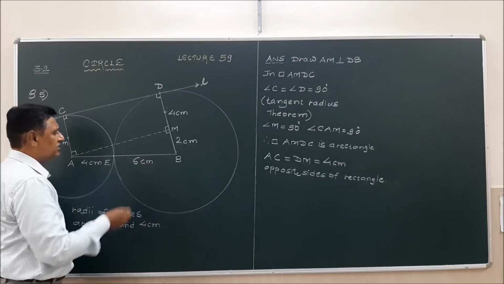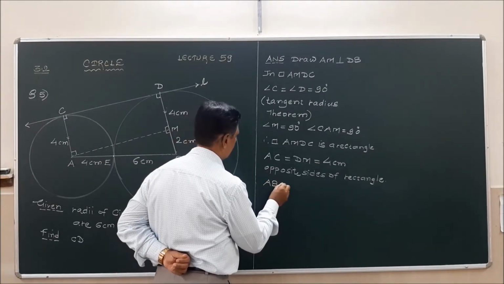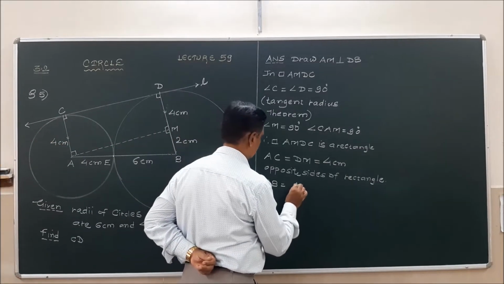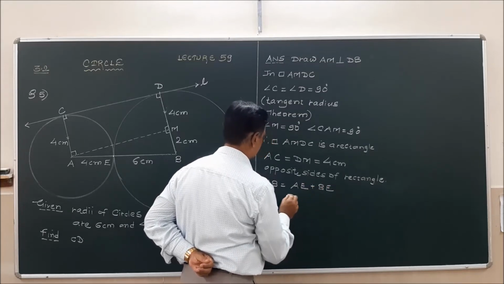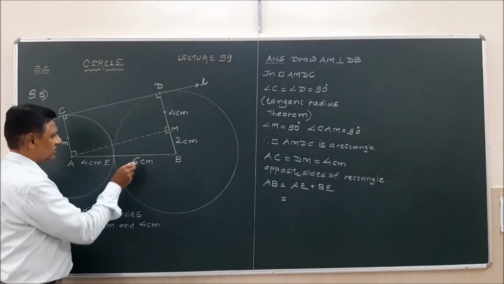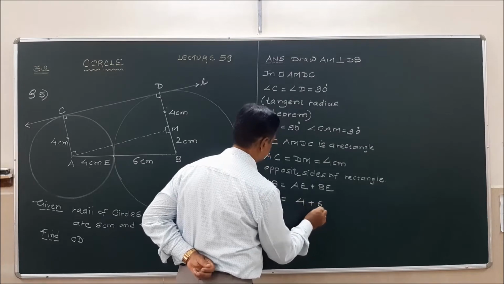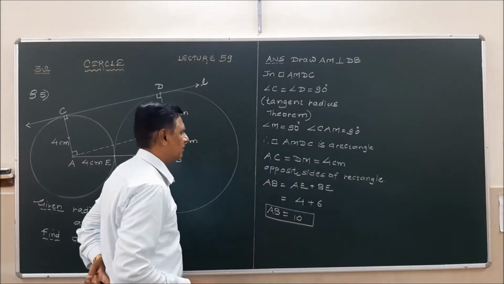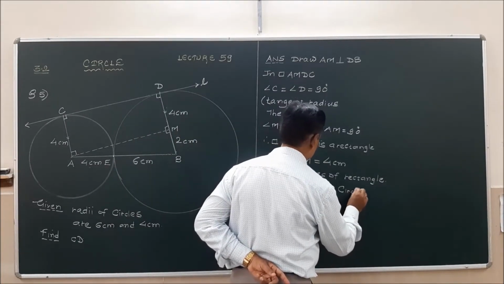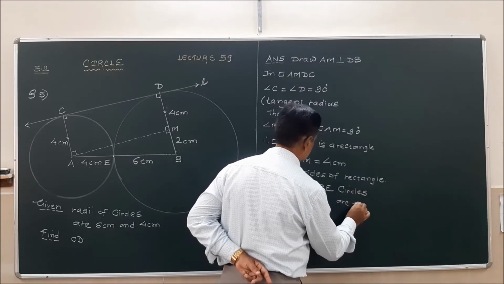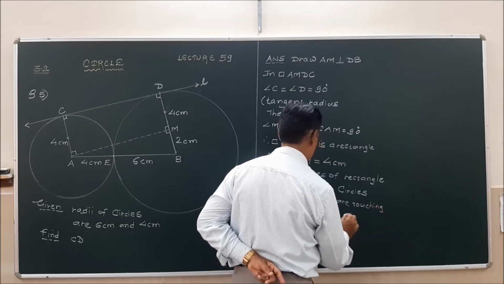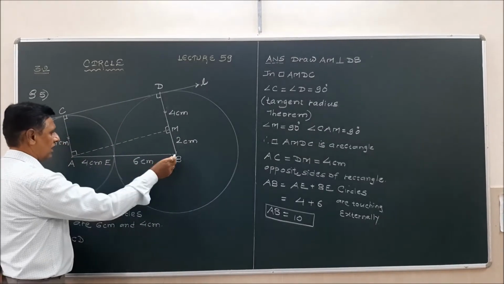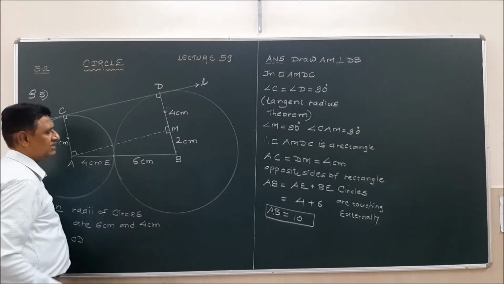Then AB is equal to AE plus EB, that is equal to 4 plus 6, which is 10. The circles are touching externally, so AB is equal to the sum of the radii, 4 plus 6, that is 10.